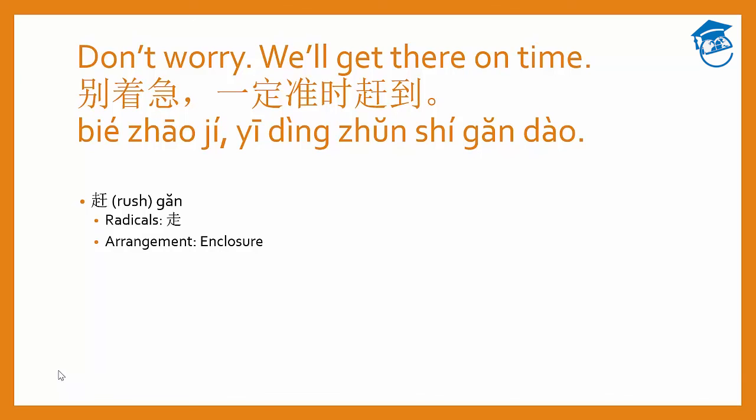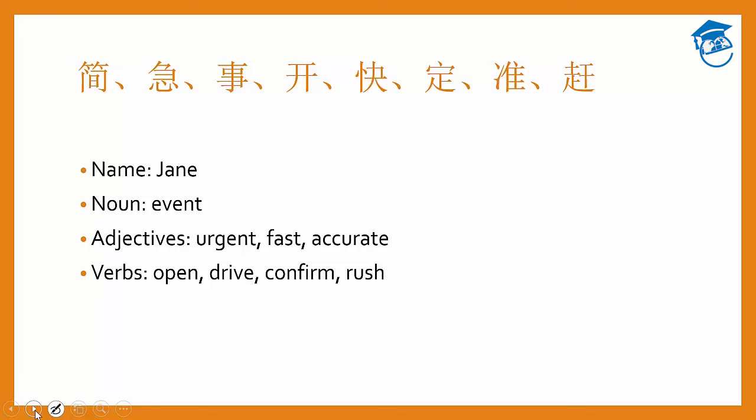Okay? So this is all I want to teach in this lesson. So in the next lesson, Jane continues her dialogue with the taxi driver as she has more requests to be made. Okay?